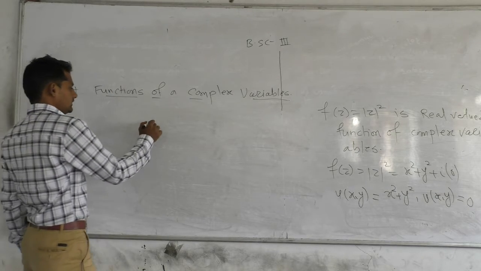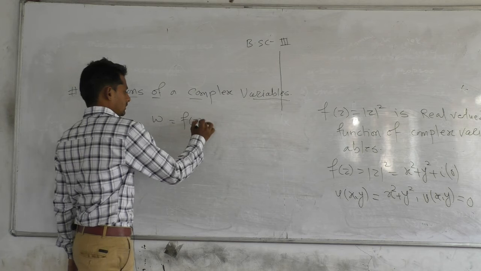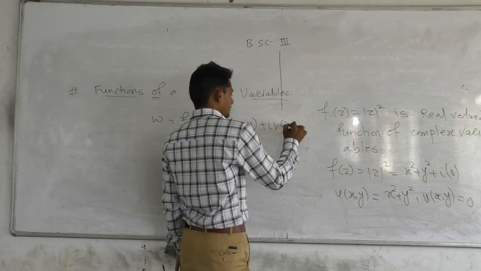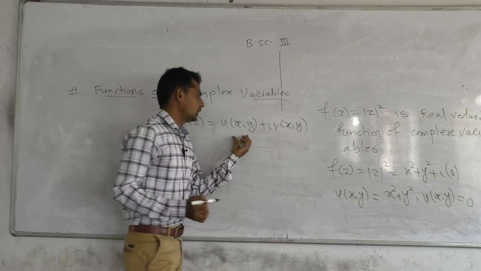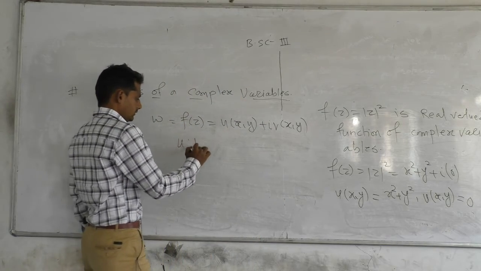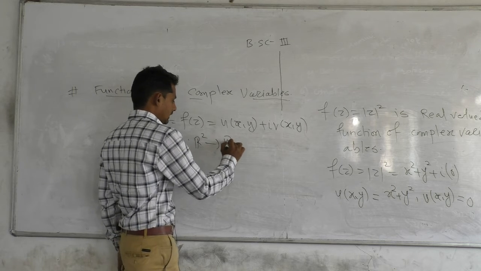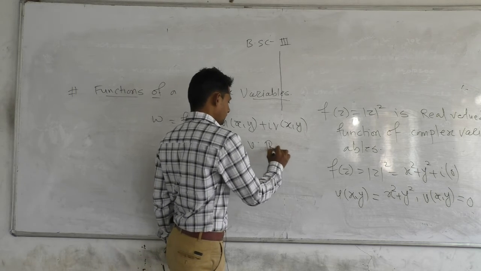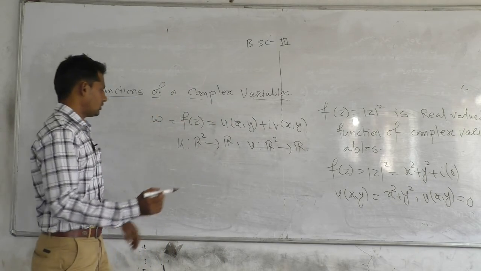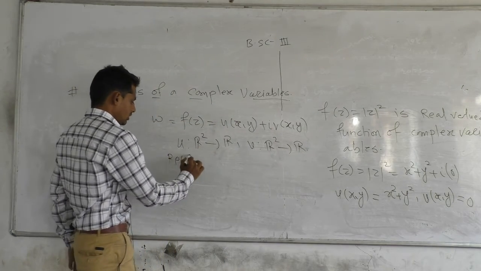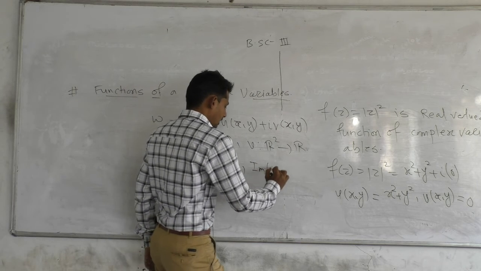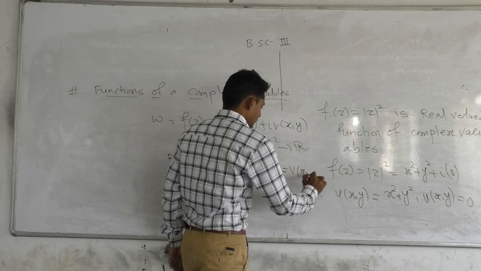We have discussed w = f of z = u of x,y plus i v of x,y. These are two real valued functions: u is a function from R2 to R and v is a function from R2 to R. The real part of w is u of x,y and the imaginary part of w is v of x,y.